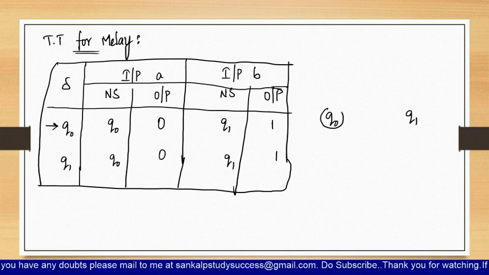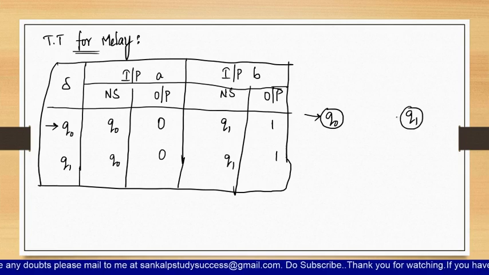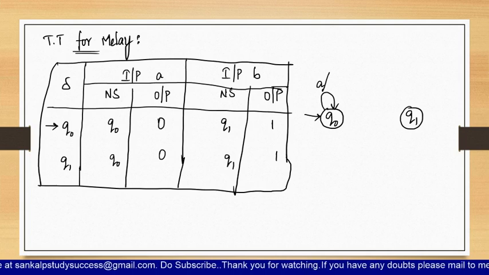So let us consider this as the initial state. By applying input symbol A, Q0 goes again to Q0 only. That means we are having a self loop on Q0 by applying A. If you apply A, what is the output here? 0. So this is the first transition.